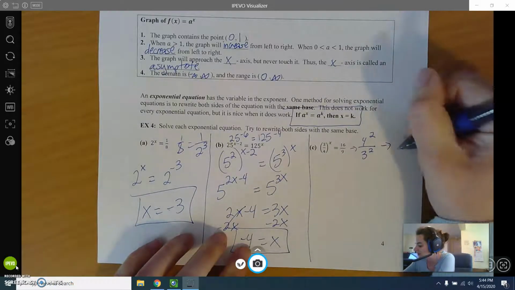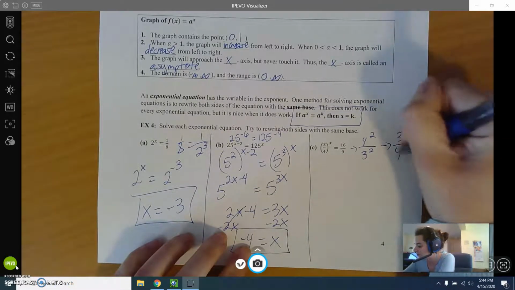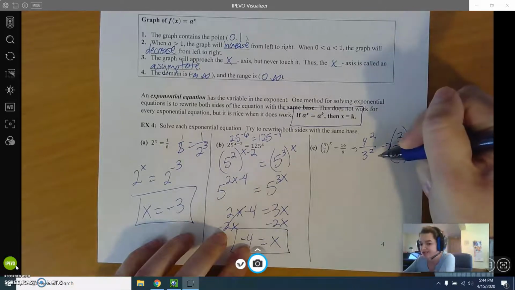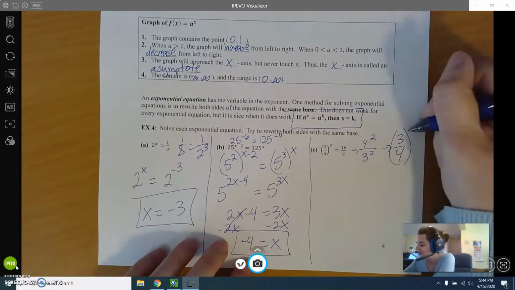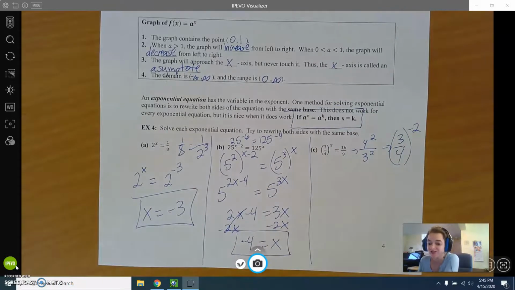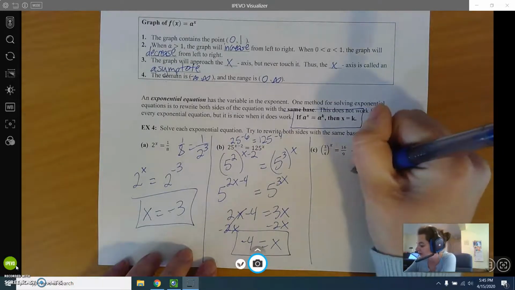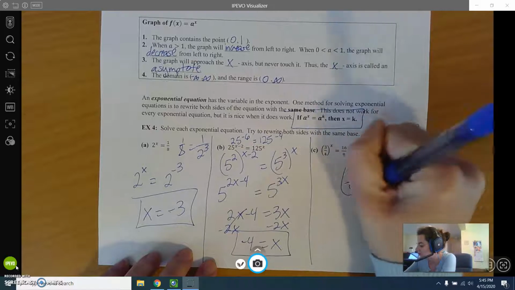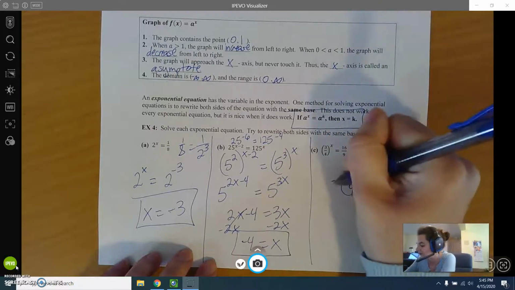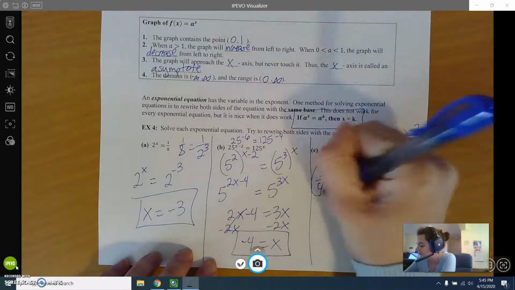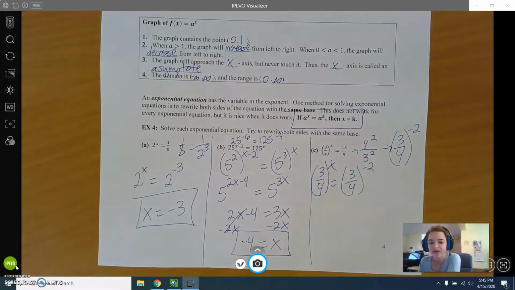So this would be the same thing as 3 over 4, since they're both to the second, which is good. But if we raise it to the negative second, that's what switches your numerator and denominator, is the negative exponent. So I can rewrite 16/9 as 3/4 to the negative second. So now I have 3/4 to the x equals 3/4 to the negative second.